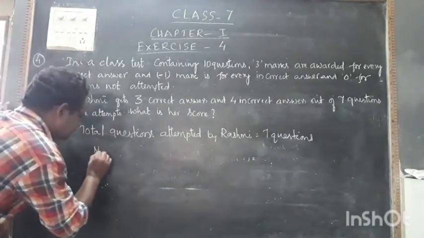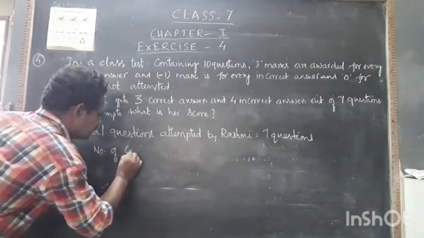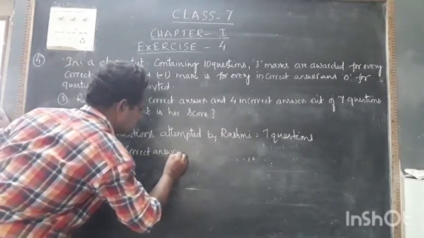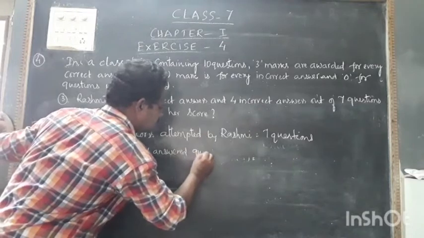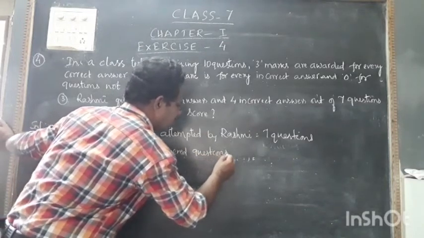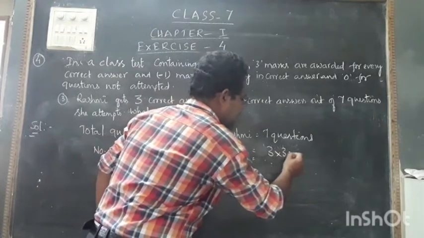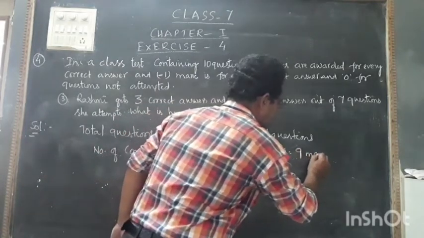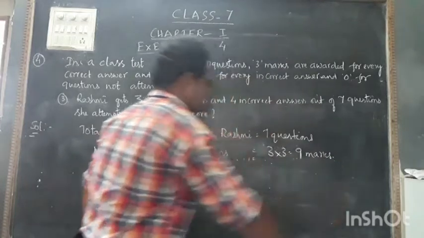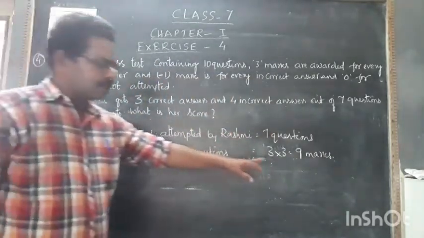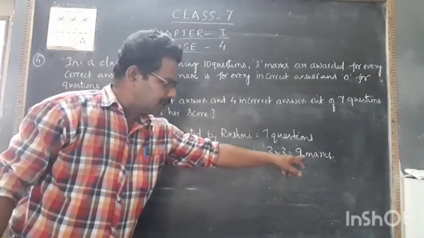Number of correct answered questions is equal to 3. So 3 into 3 is equal to 9 marks she can get. Correct answered questions is equal to 3. Each question carries 3 marks, 3 3s are 9 marks.